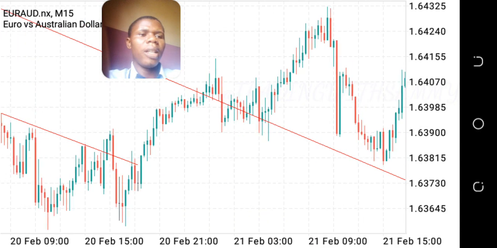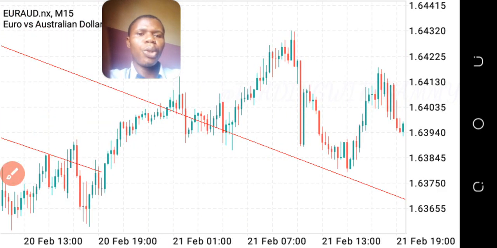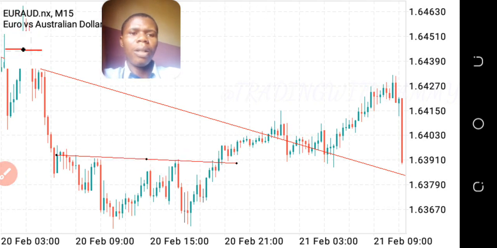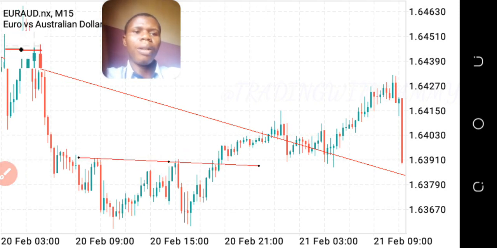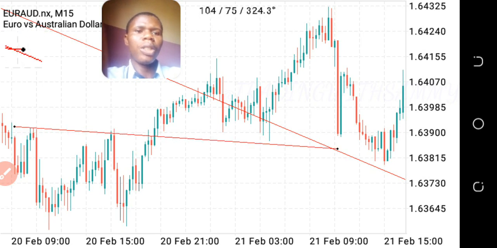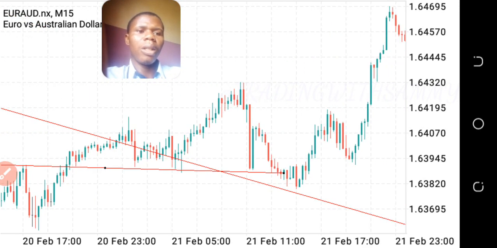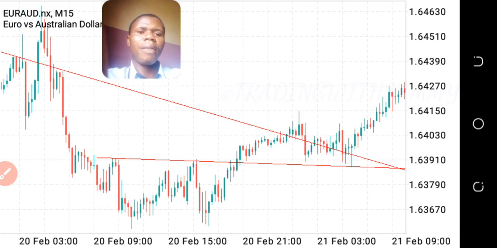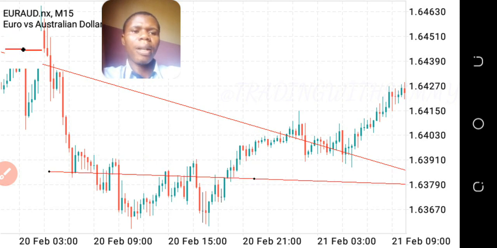Now something happened here which you have to take note of. This is a double top. Now if we draw this forward, it shows a respect on it. But I need you to understand that the most significant point is that I will be looking somewhere here.